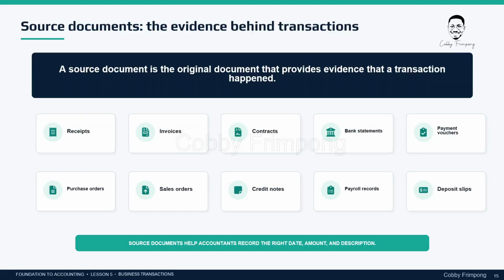These documents help show what happened, when it happened, how much was involved, who was involved, whether it was paid immediately or on credit, and which account may be affected.